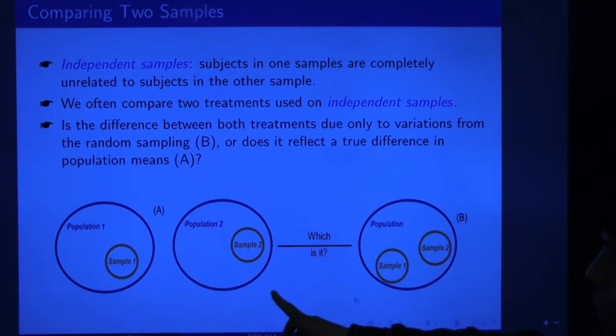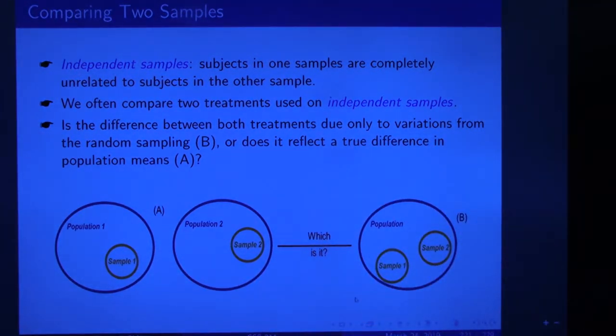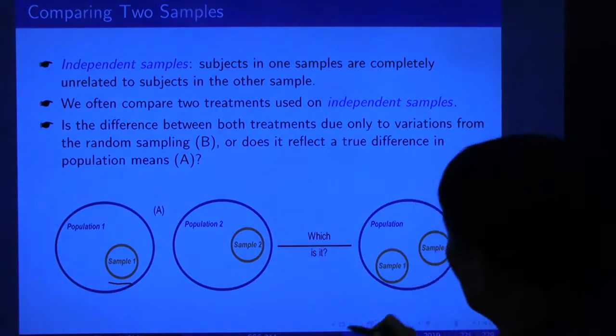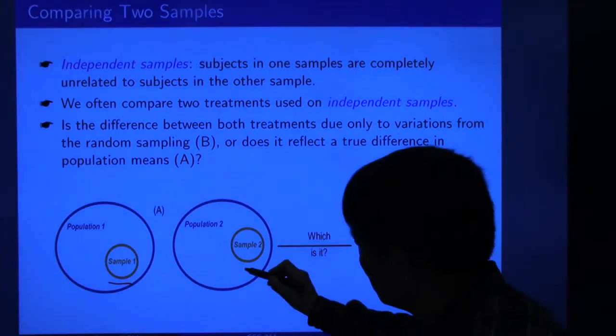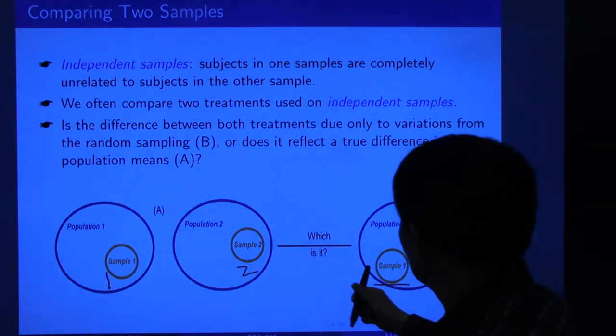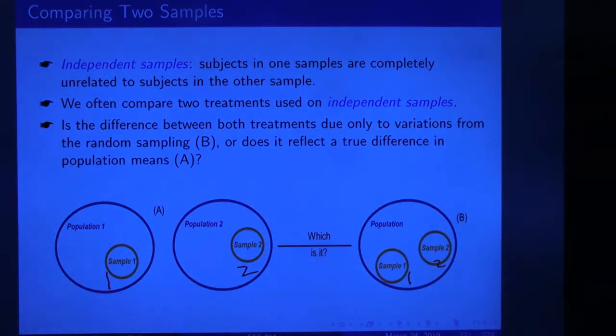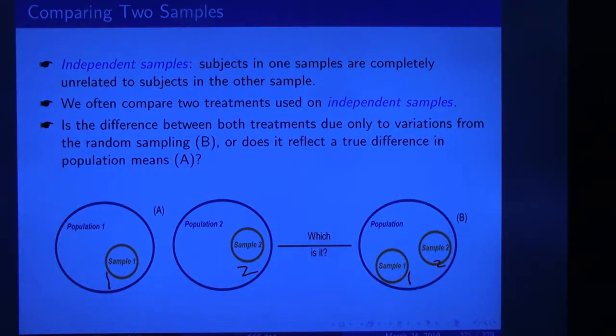We have one sample, sample 1, and we have another sample, sample 2. And we know sample 1 and sample 2 will be different.